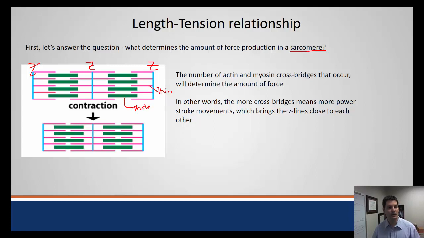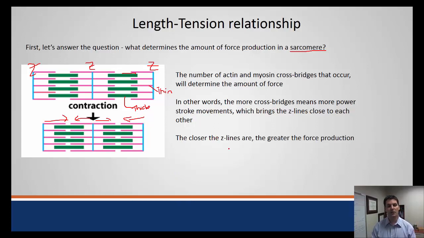And again, as we very well know, muscles contract by cross-bridge cycling of a myosin head grabbing on and pulling Z-line to Z-line, which ultimately leads us to this contracted muscle here, where two side-by-side sarcomeres both pull towards the center, both causing the Z-lines to come closer, causing the sarcomere to become shorter and muscle force to be produced. So that is the way we can think about it: during a muscle contraction, the closer we can pull Z-lines of sarcomeres together, the greater the force production.